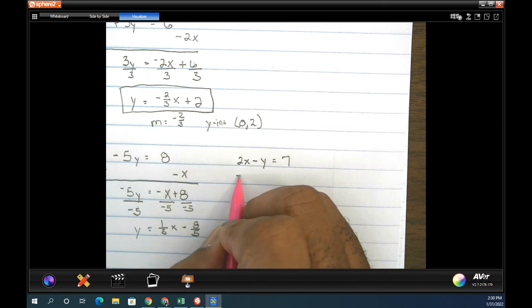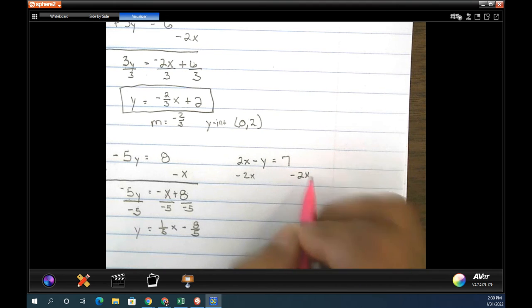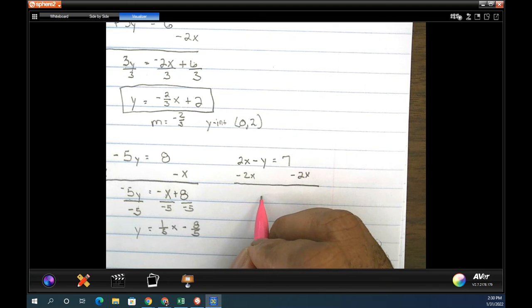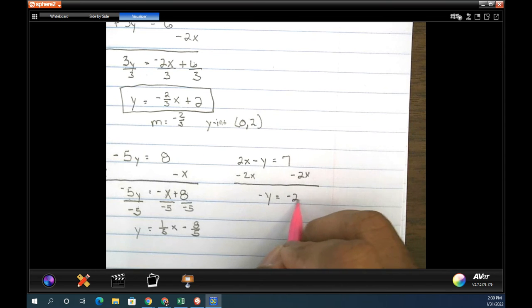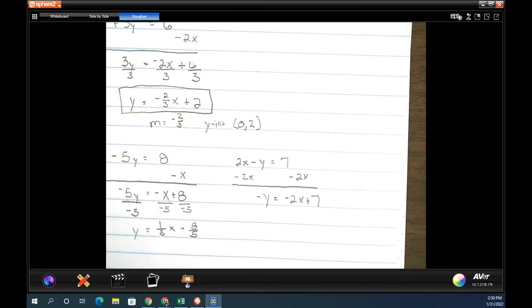Yep, subtract 2x from both sides. So we have negative y is equal to negative 2x plus 7. You do not combine those. One has a variable, the other one doesn't. So you can't combine them.